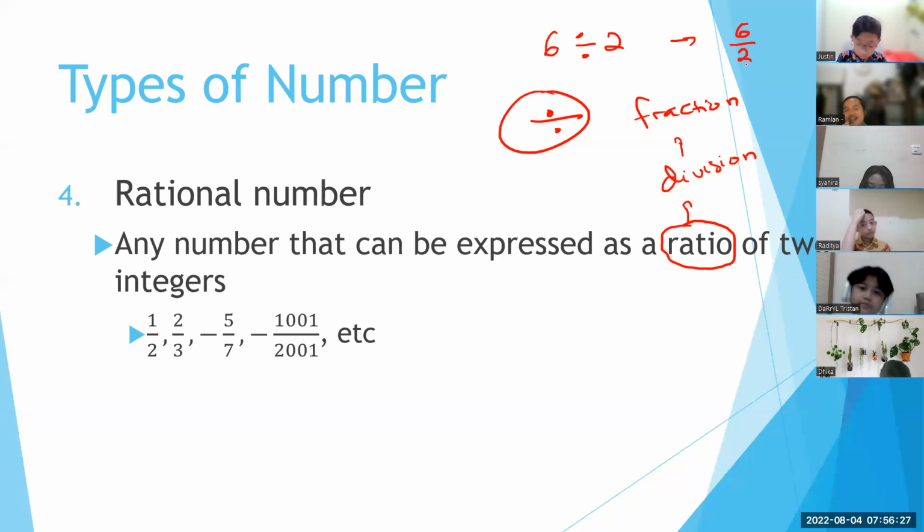If you see a fraction like this, do you still remember the name? What do we call this top number, the one on the top? Denominator? Wait, that is the bottom. Numerator and denominator.